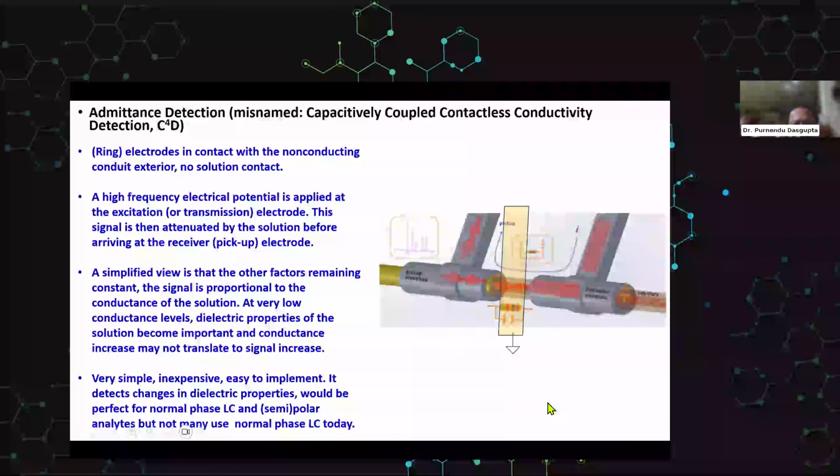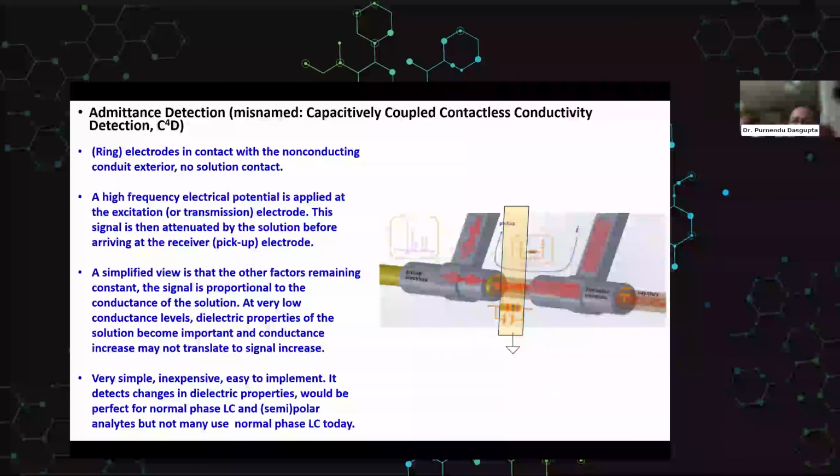And when you change the resistance of the solution, you also change the capacitance. Think about water, look up the dielectric constant of sodium chloride solution. As you add sodium chloride, the dielectric constant will decrease. So the capacitive current will fall as you increase the conductivity.